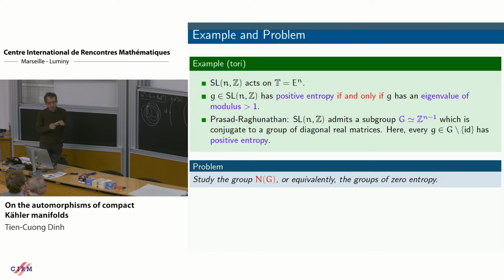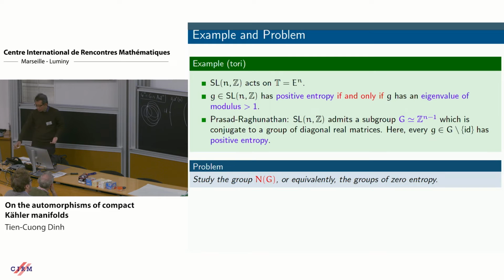Because of this, you see that all elements of this subgroup are of positive entropy, because otherwise the diagonal elements should be all equal to 1, minus 1, something like that. But then you have an example where the rank is maximal, so n-1 is optimal. You cannot do better than that.